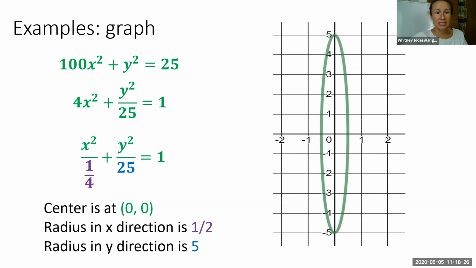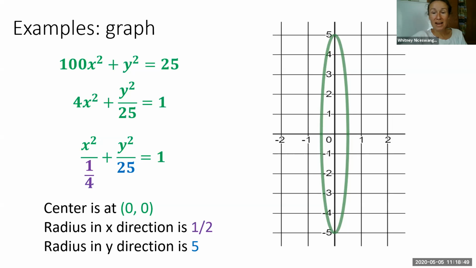So our center is at 0, 0 because h and k are 0 and 0. Our radius in the x direction is the square root of 1/4, which ends up being 1/2. And our radius in the y direction is the square root of 25, so it's 5. So take a look at this ellipse. The center's at 0, 0.